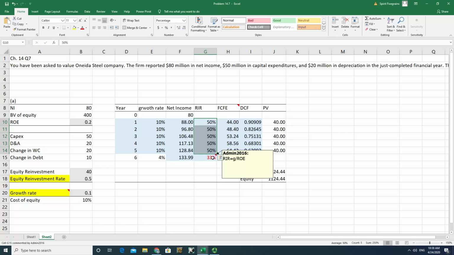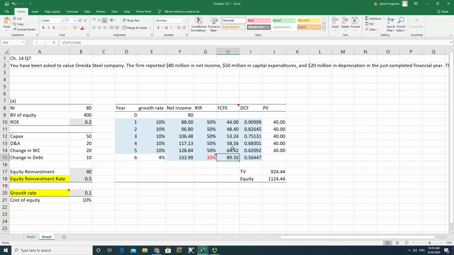But what about the reinvestment rate in the 6th year? And here, there's a shortcut to get this number. Reinvestment rate equals the growth rate divided by ROE. Growth rate was 4%, ROE is 12%. Those are information that you can get from the question. That will give you 33% reinvestment rate. And based on that, you can estimate free cash flow to equity.